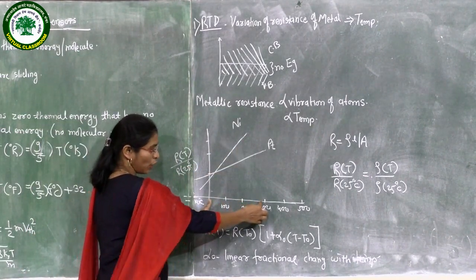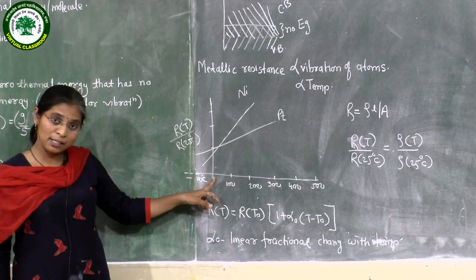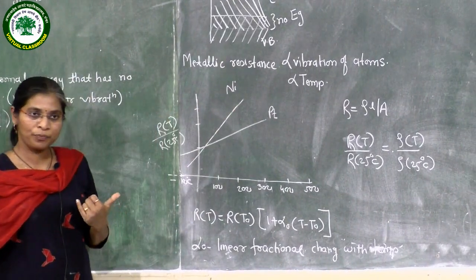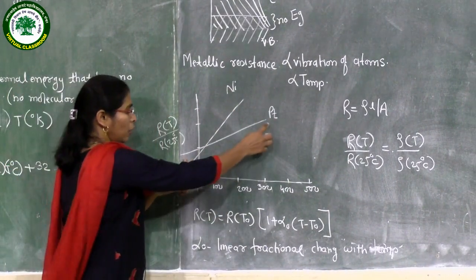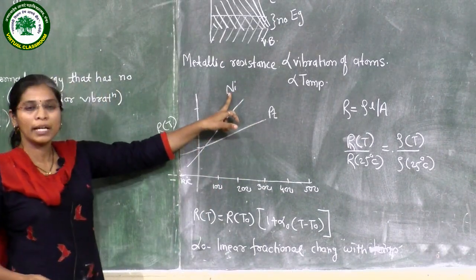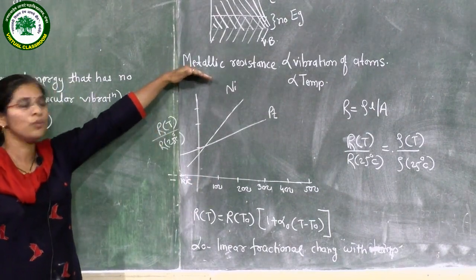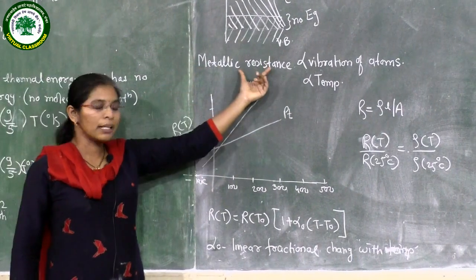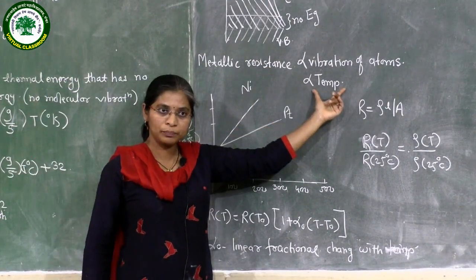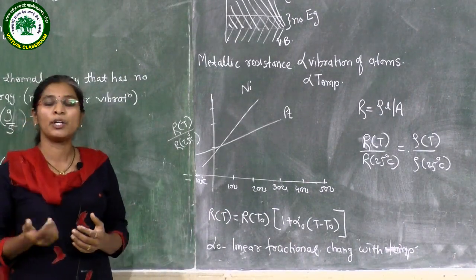If we change temperature from 0 to approximately 250 degrees Celsius, then its resistance changes, while in the case of platinum, its resistance varies a little less as compared to nickel. So from these and from the earlier explanation, we can say that metallic resistance varies linearly with temperature, and therefore we are going to take advantage of this for measurement of temperature.